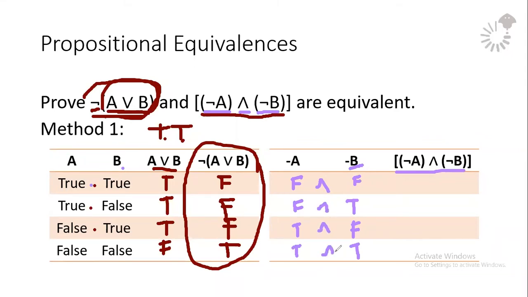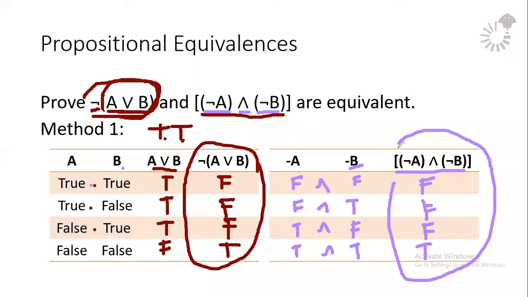False and false is false. False and true is false. True and false is false. True and true is true. So this is the values for this statement: false, false, false, true. And again, yung first statement, false, false, false, true. Pareho sila ng values. Therefore, these are equal using truth table.